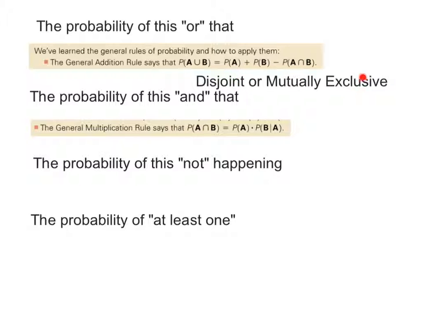If they can't both happen at the same time, this doesn't exist because the probability of that happening is 0. If they can happen at the same time, well, then we're going to subtract it. So it's an important idea. Independence means two events don't affect the other. That doesn't mean disjoint or mutually exclusive events are independent. It means one affects the other. So keep that in mind.